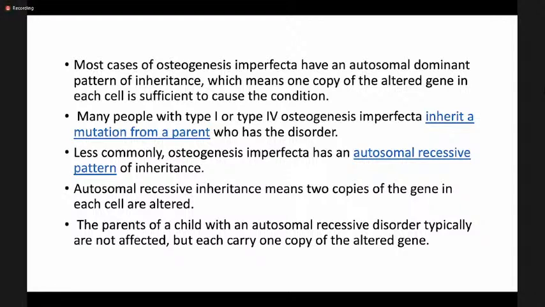Less commonly, osteogenesis imperfecta has an autosomal recessive pattern. This just means 2 copies of the gene in each cell are altered. Now, the parents of a child with an autosomal recessive disorder typically are not affected, but each parent has to carry 1 copy of the altered gene.